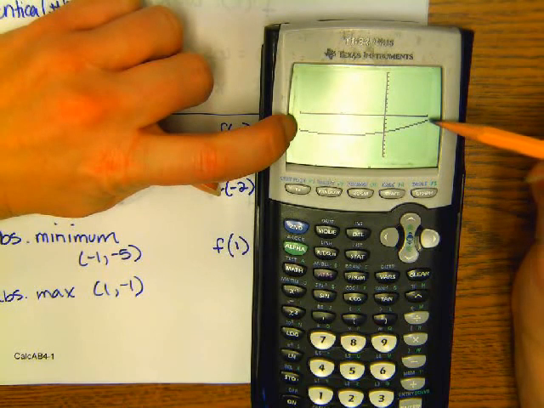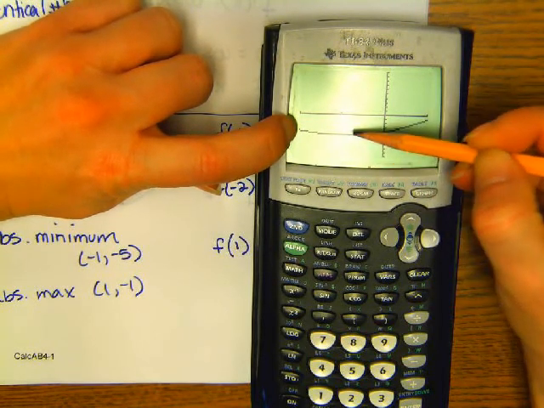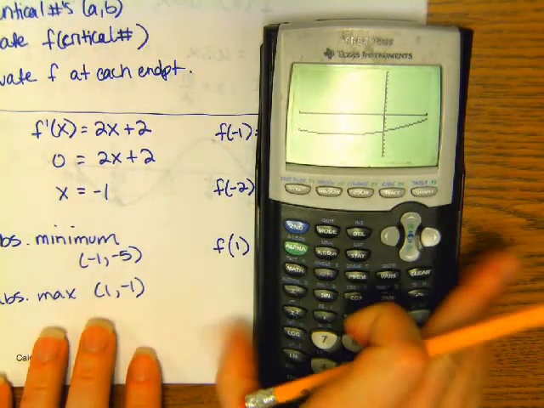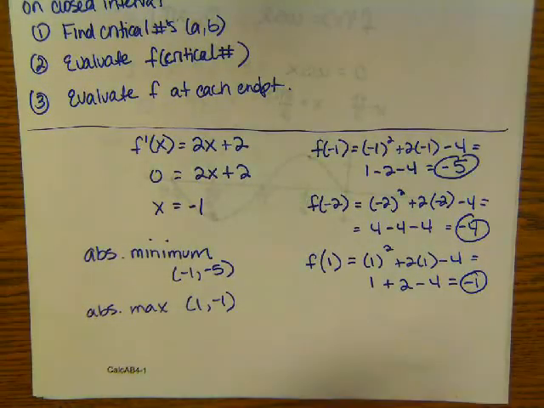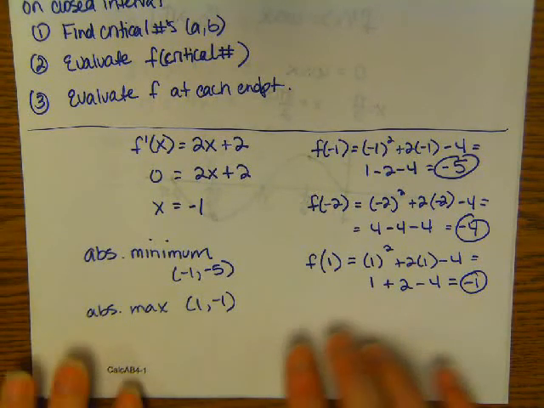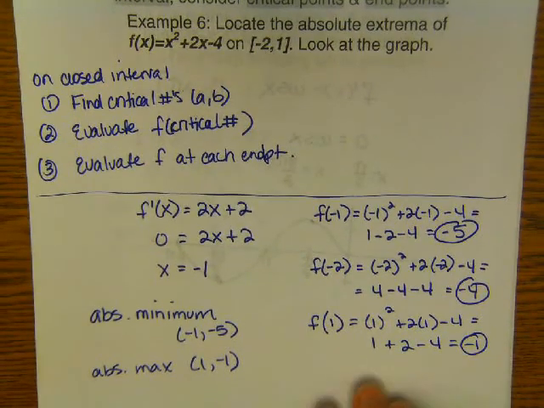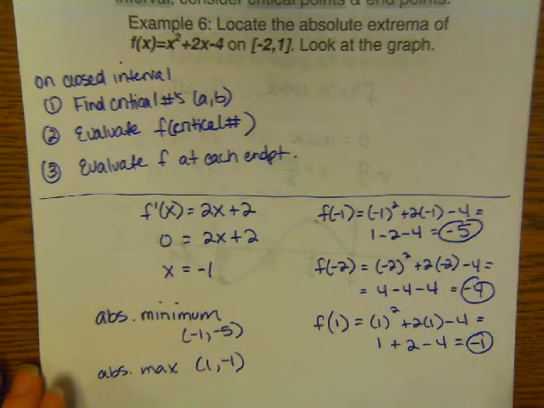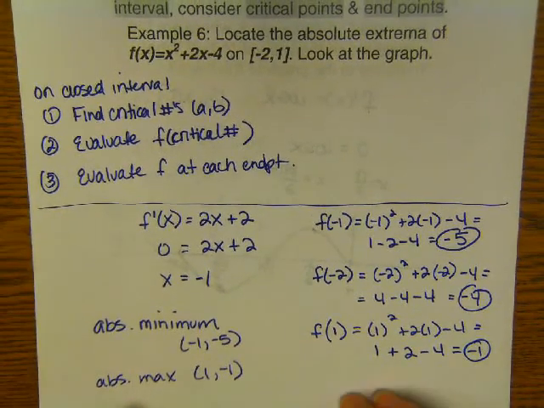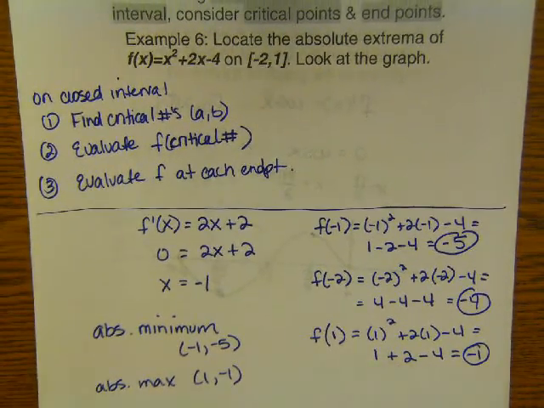This is the maximum of that closed interval because it's the highest point, and this was the minimum. But we did that all using critical numbers and the endpoints of the interval. So that is the extreme value theorem. And tomorrow or Monday, we'll talk a little bit more about some more difficult applications of that.